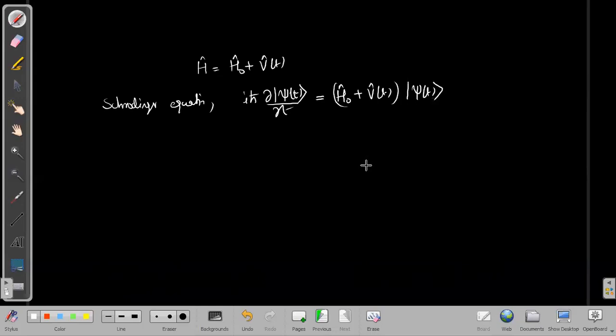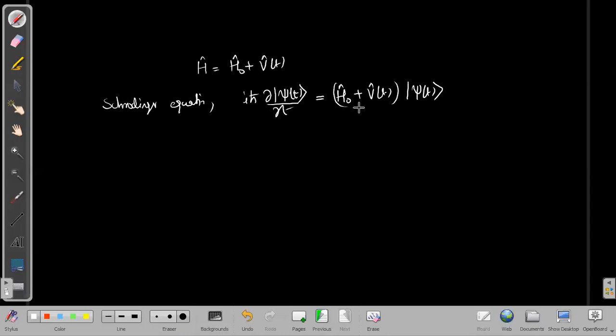Okay. So if you are able to solve this, then we'll get the time evolution, and we may come to know what the transition probability is and so on. But this direct solving may not be possible always. So how will you do it?